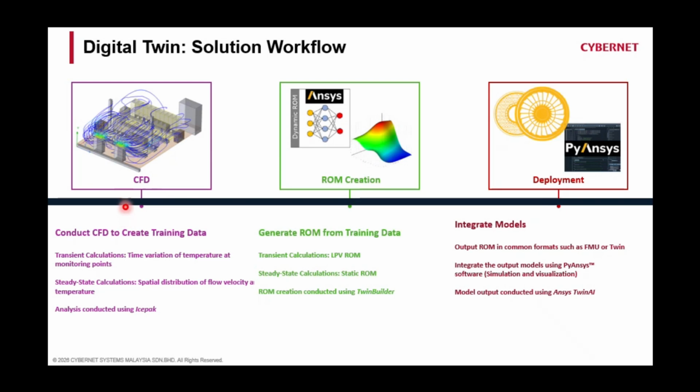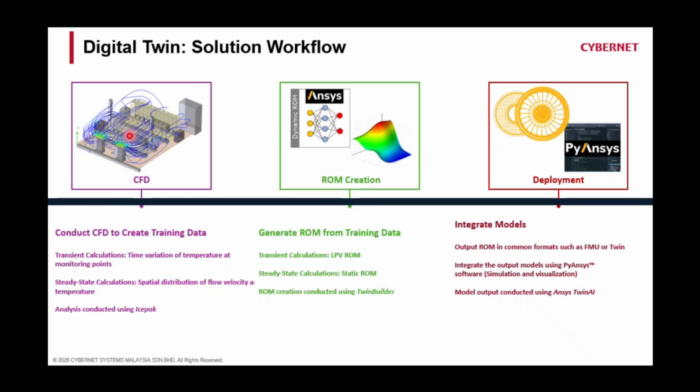Okay, so the first step is always to use this CFD analysis software to create the training data. The training data means you run transient calculations, like the time variation of temperature. Let's say the aircon in the room has been running for 10 minutes.